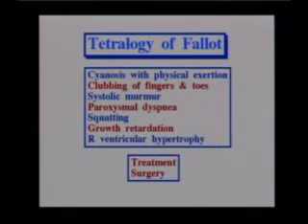This is the body's attempt to increase the vascular bed there, to increase the blood supply to that section. They get paroxysmal dyspnea attacks, or sometimes people call them tet spells, where they get suddenly extremely short of breath, and they usually then sit down and squat. They're going to have a murmur as well because of those defects. Usually children with tetralogy don't grow very well. The treatment is going to be surgery, often multiple surgeries.